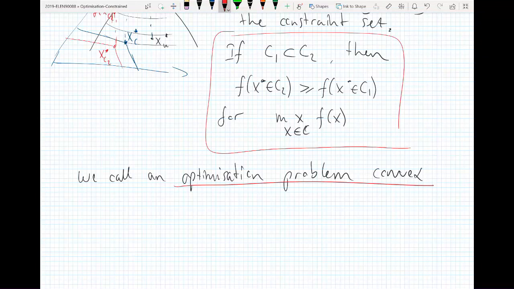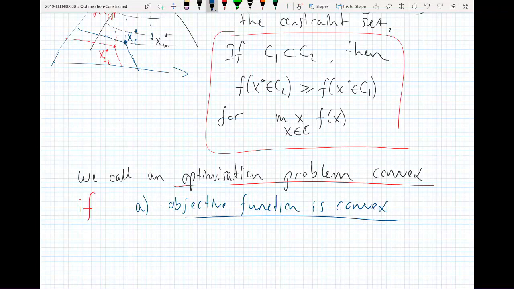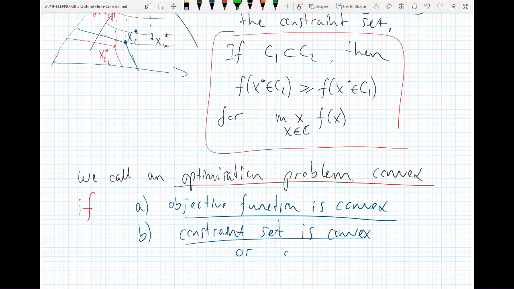The optimization problem is convex if the objective function is convex, which should use the objective functional convexity, right? And the constraint set. I mean, if there is a constraint set, if it is not, then the whole space is fine. That is convex. Or unconstrained. Then that's also okay.